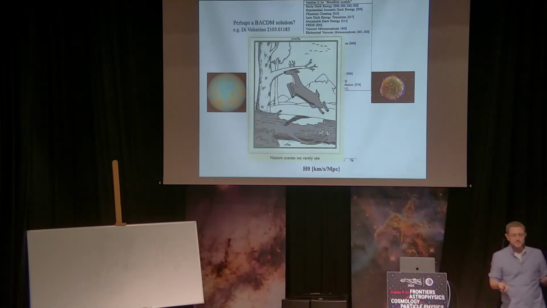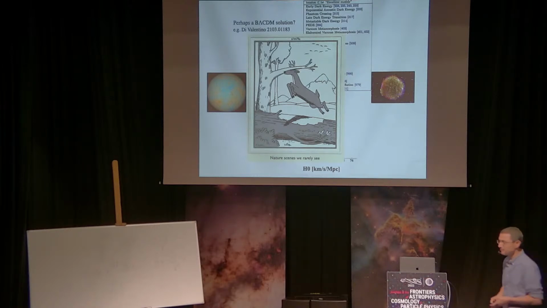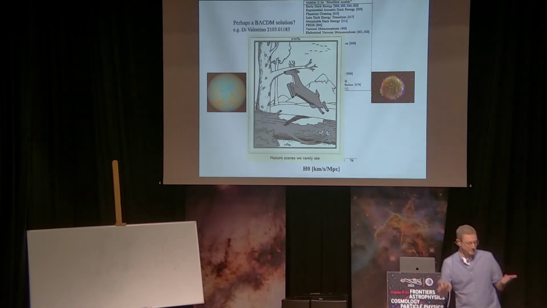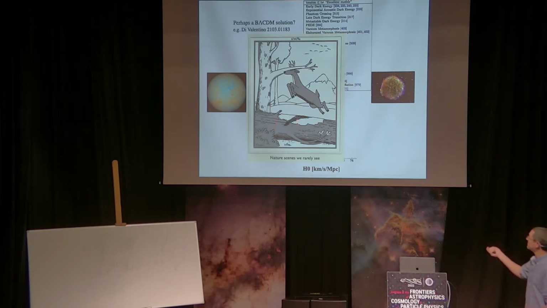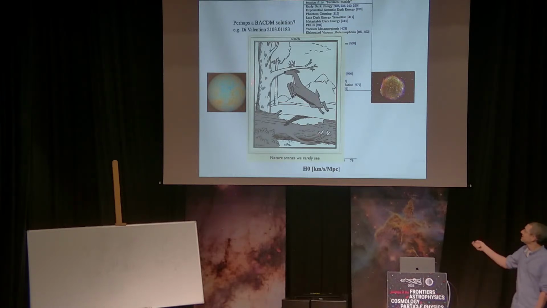The first thing that comes to my mind when I think about this is one of my favorite caricatures from The Far Side, which is called Nature Scenes We Rarely See, which you can take in different directions. The first direction also relates to what Matteo was saying. Many of these theories can happily hop above the obstacle, but usually they will encounter some other obstacles when they do that.